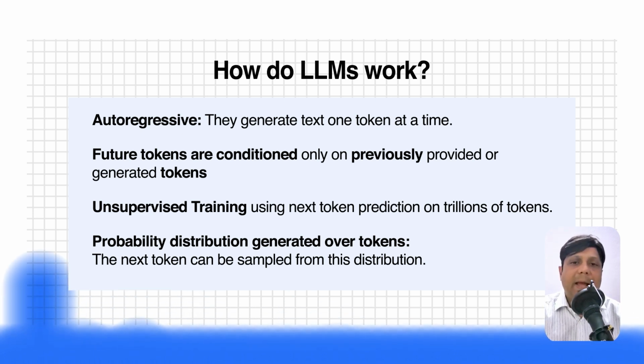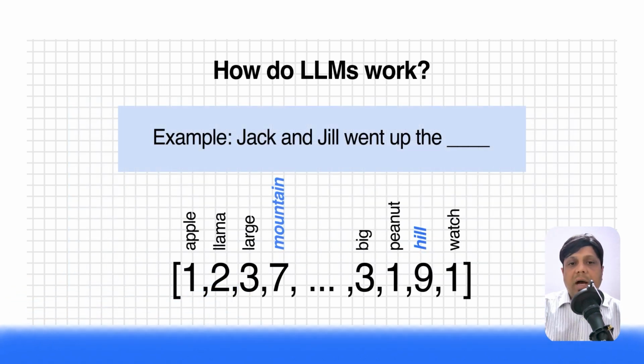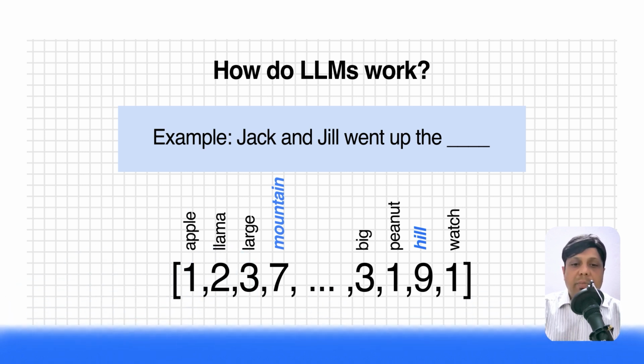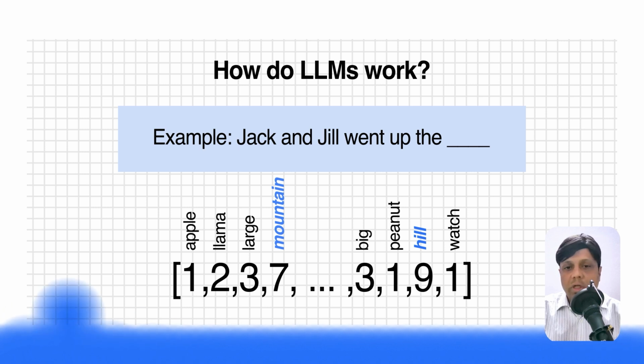How can we apply the same concept to multimodality? As in, how can we apply the same concept to images? If you see how LLMs work, if the example is "Jack and Jill went up the," based on the probability, the model predicts the next word.